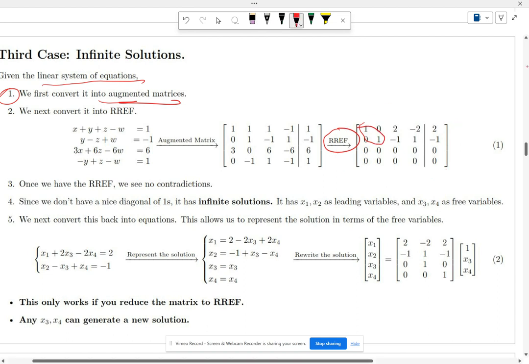Even though we are missing a couple of them, they're all zeros. You want to make sure it's diagonal and the entries above all the leading variables are 0. So now this is the reduced row echelon form with infinite solutions. That's what it will look like.